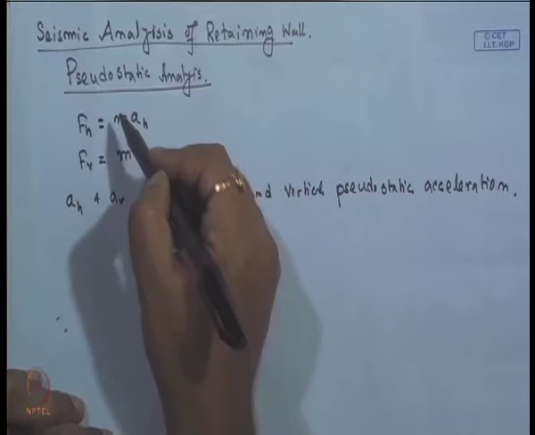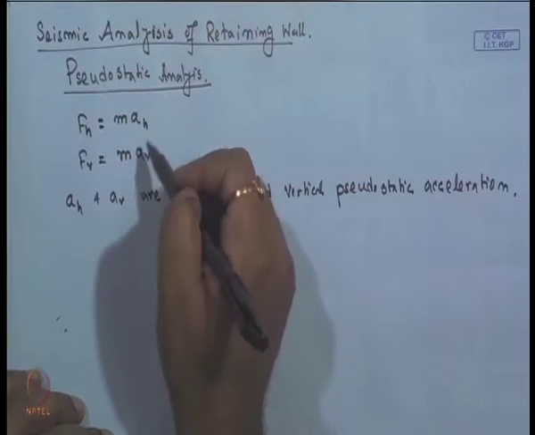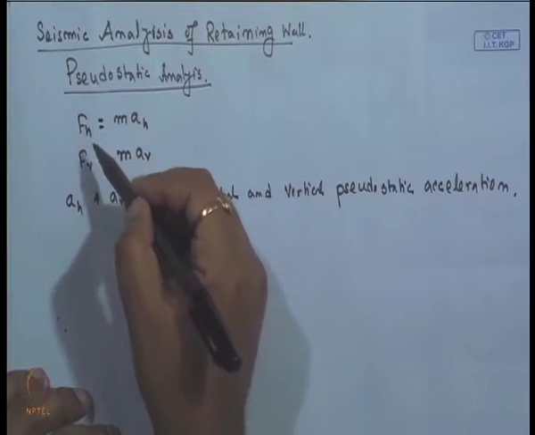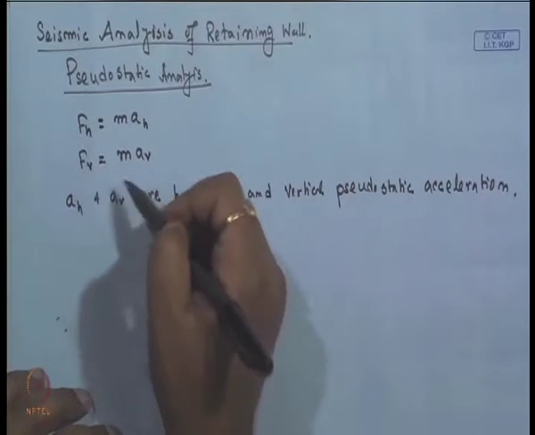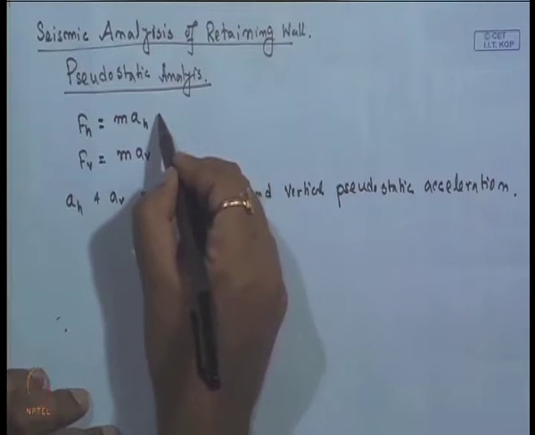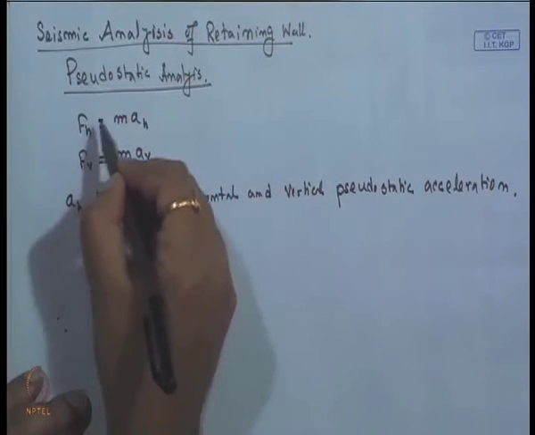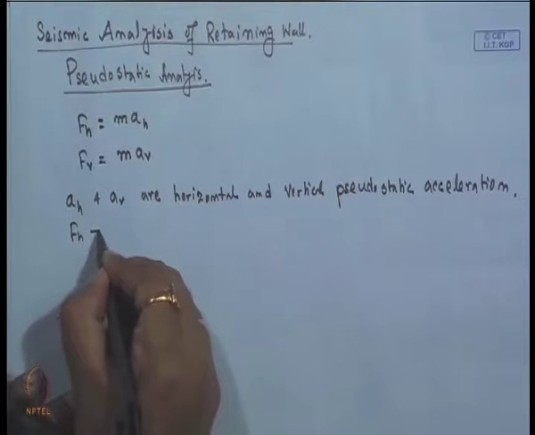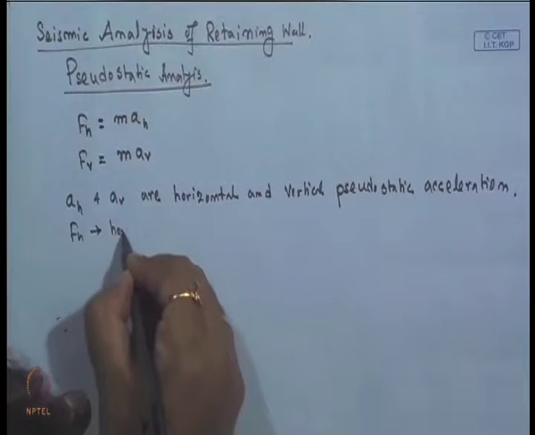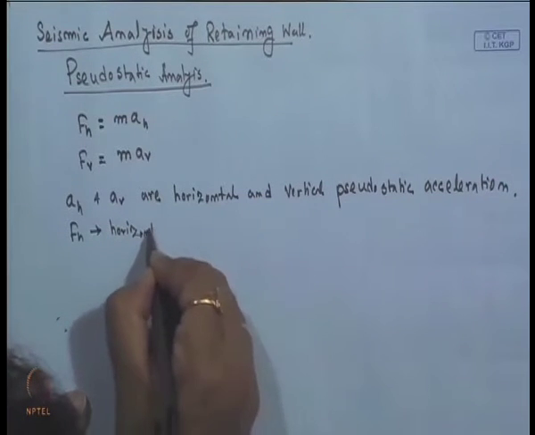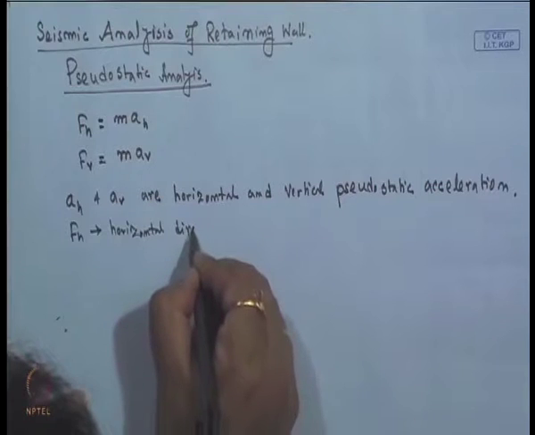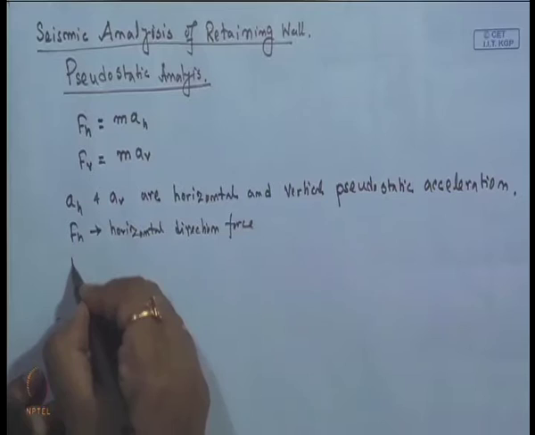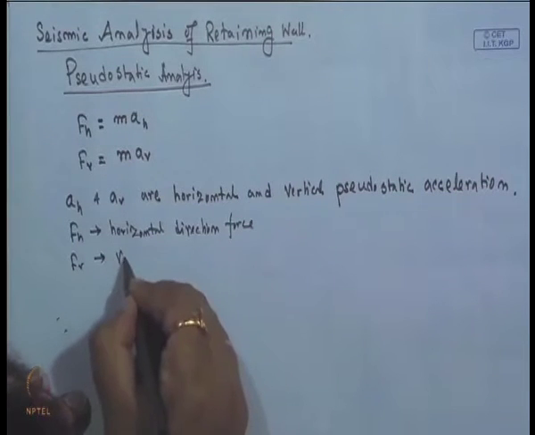On this mass m, the AH and AV accelerations will act and they will create a force FH in the horizontal direction and FV in the vertical direction.